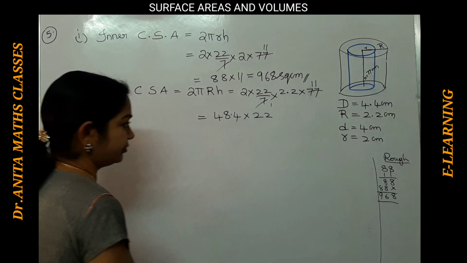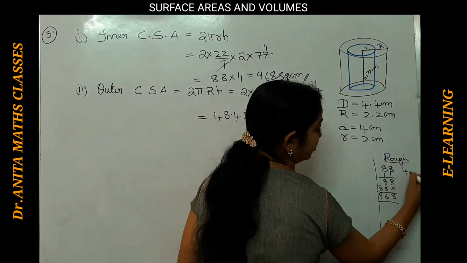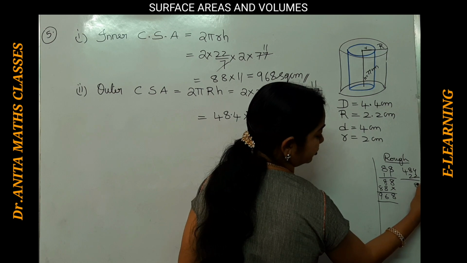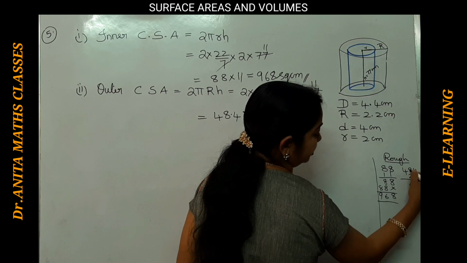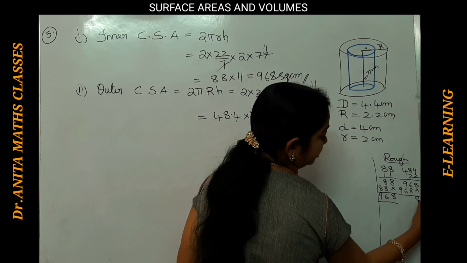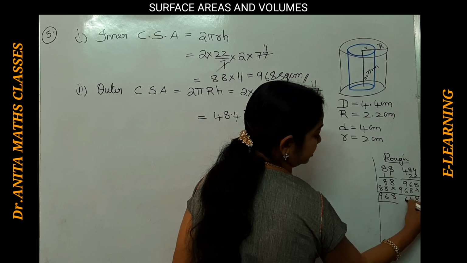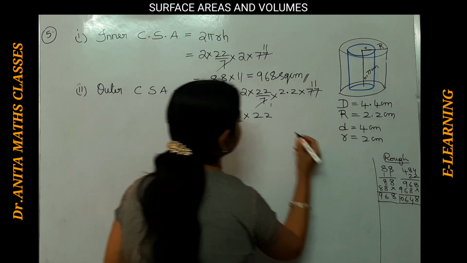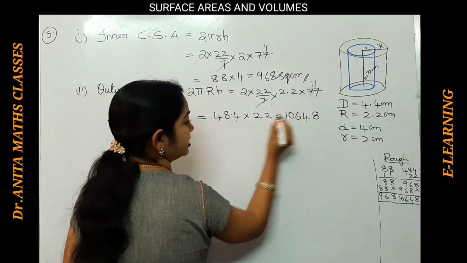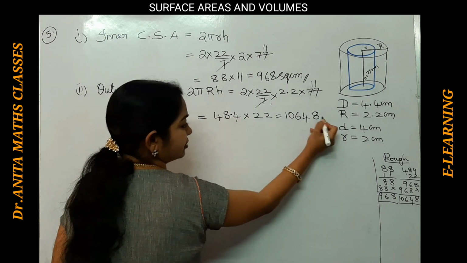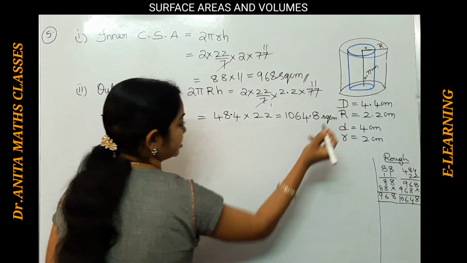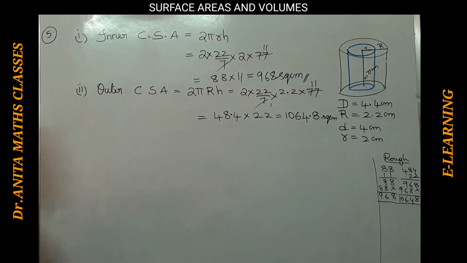So 484 into 22 gives 10648, but there is a decimal point here, so from the back you keep one decimal place. Square centimeters are the units of the outer CSA.